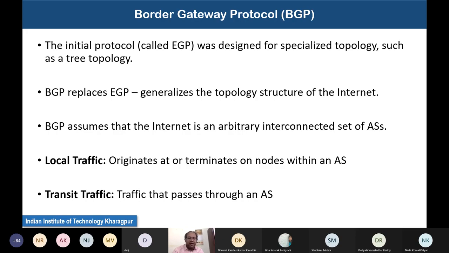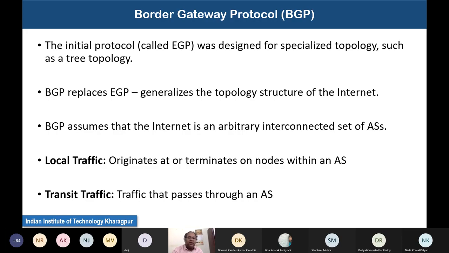BGP then replaced EGP. The main change was that BGP generalizes the topology structure of the internet. It says the internet need not follow any specific tree hierarchy. There might be direct peering relationships, and BGP can adhere to those.